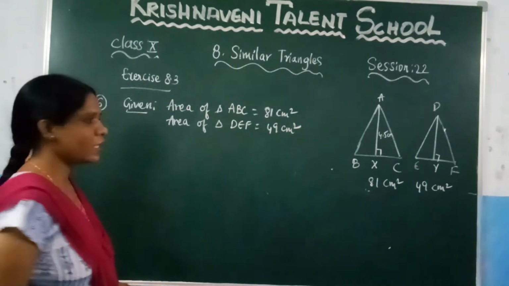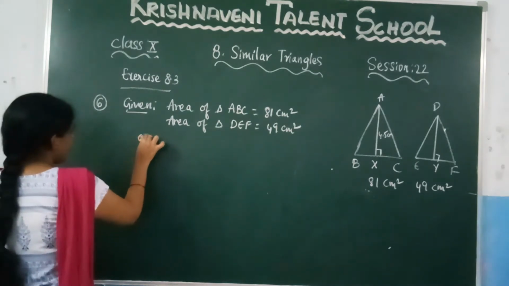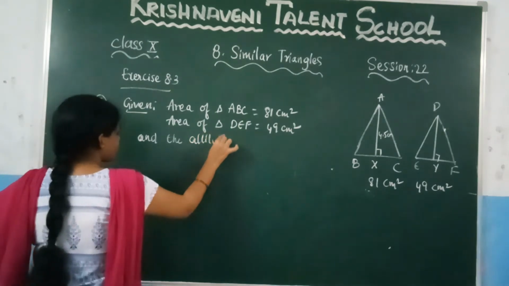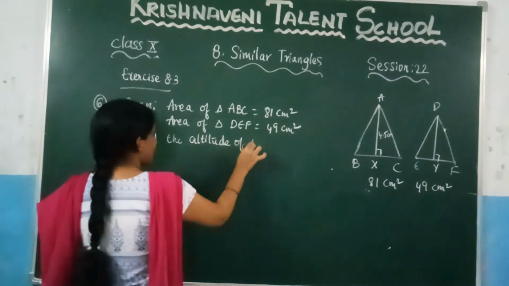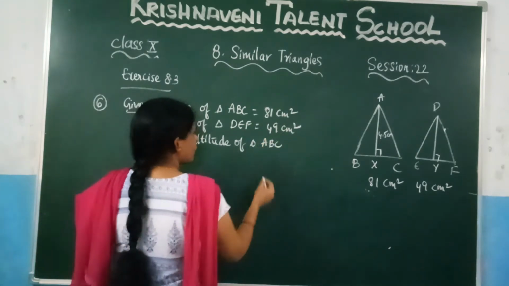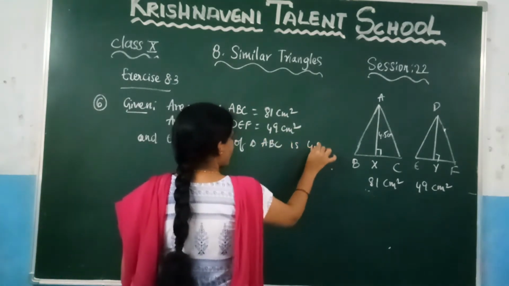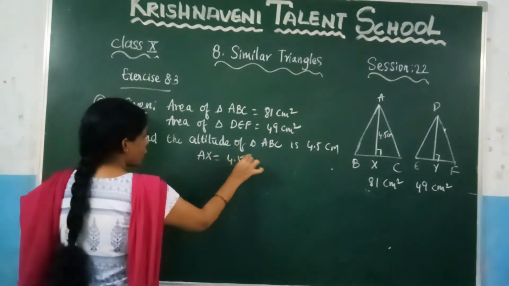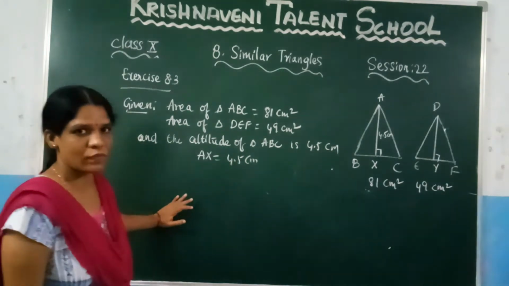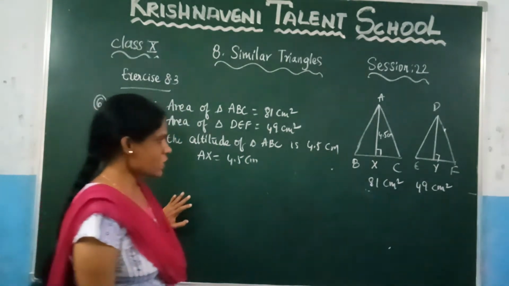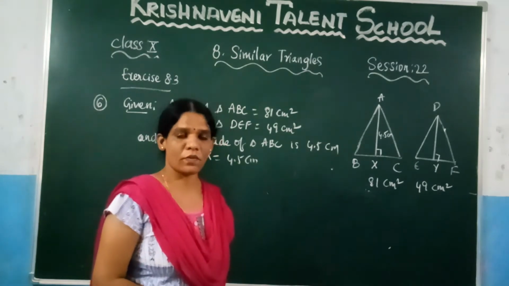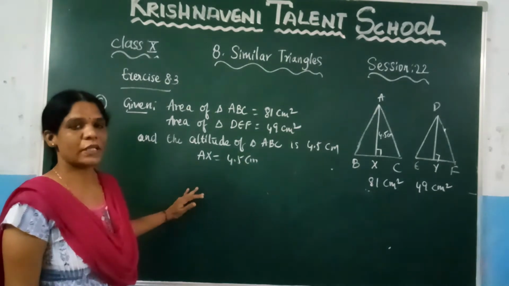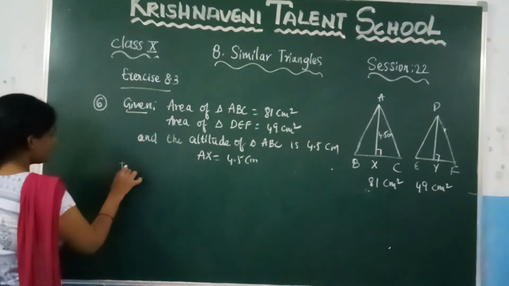And they have given the altitude of the triangle ABC is 4.5 centimeters. So the length of AX is given as 4.5 centimeters. This is what they have given. So always in the question you need to write what is given, what we need to prove, and after that we go for the proof. Here what we need to find, write it here: to find.